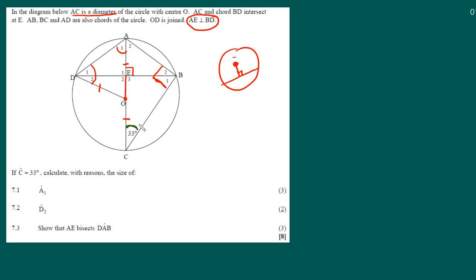Yes. Okay. So if we say 180 minus 33 minus 90, so 90 minus 33, so it's 57 degrees here, right? Yes. Okay. And then you said you want which one? A1.